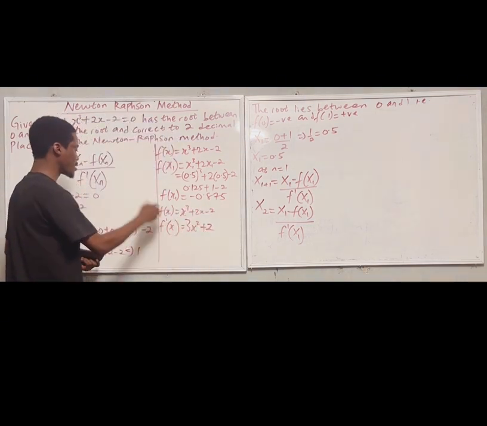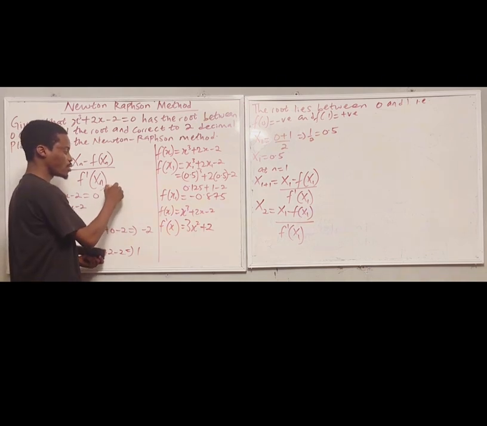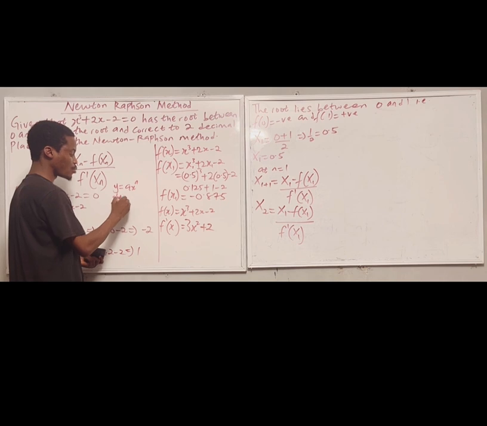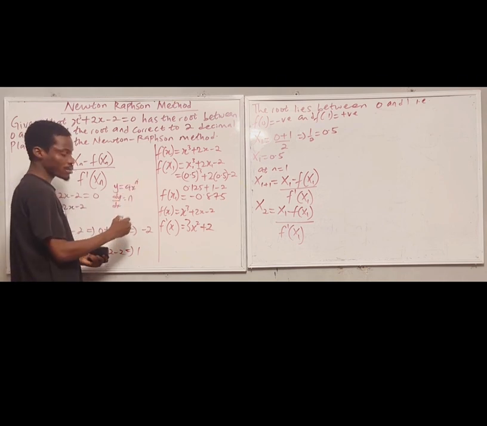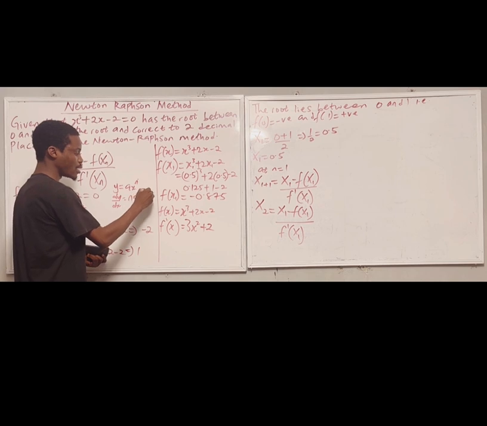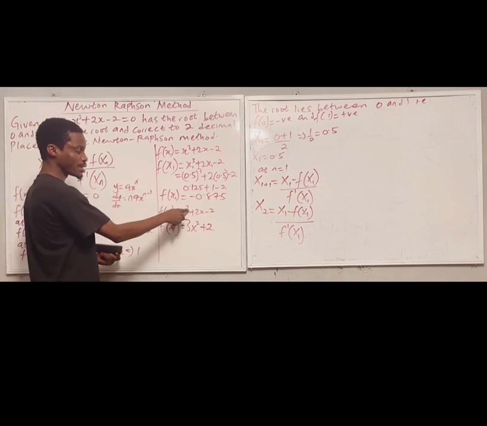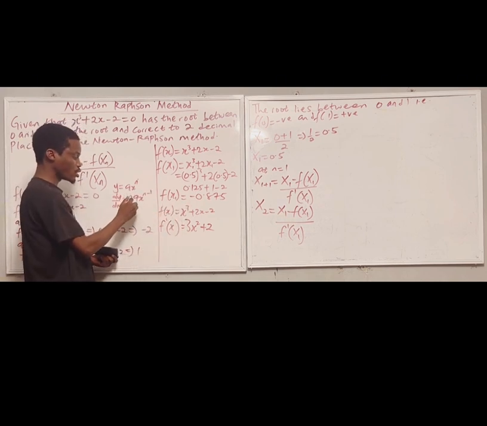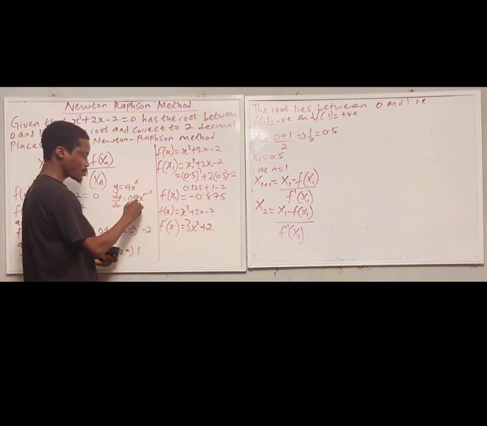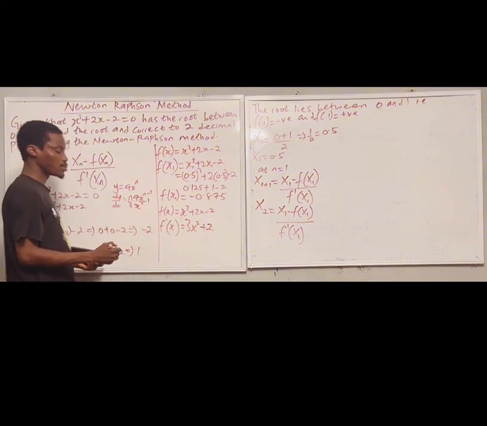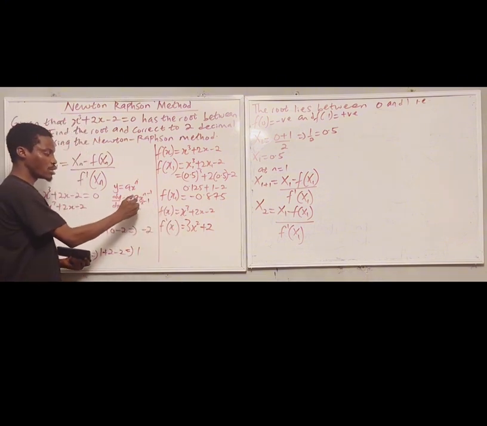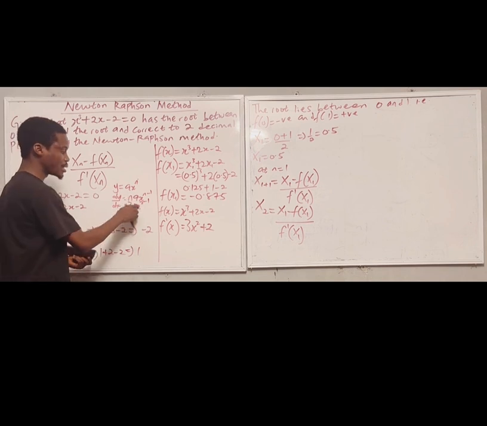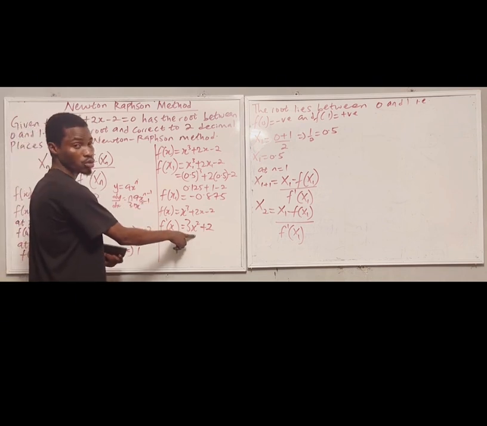The reason why I got 3x squared is this rule: here we have y as x to the n. If I differentiate, the power n will come outside, x to the n minus 1. If our n here is 3, 3 will come outside, x to the 3 minus 1. Since we don't have any value here, the value here is 1. 3 times 1 is 3, 3 minus 1 is 2. 3x squared.